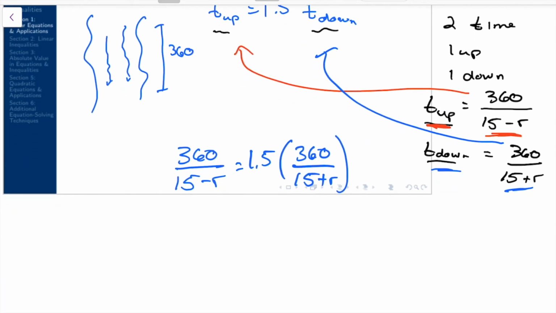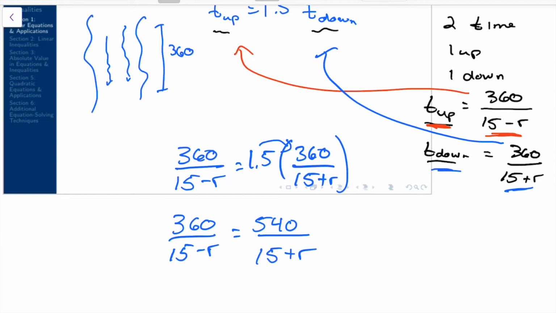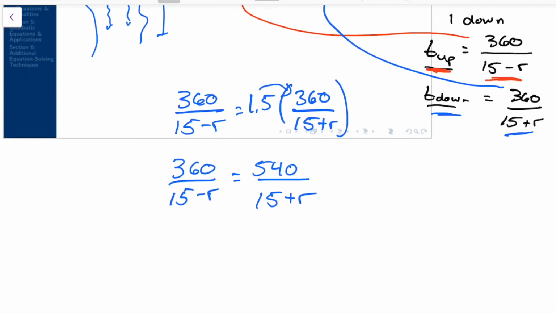I can solve this for r, right? I want to use my PEMDAS. I can't really do anything on the left side, but I can multiply this 1.5 times 360. If we do that arithmetic, we'll get 540 over 15 plus r, right? Now we have two fractions that are equal.